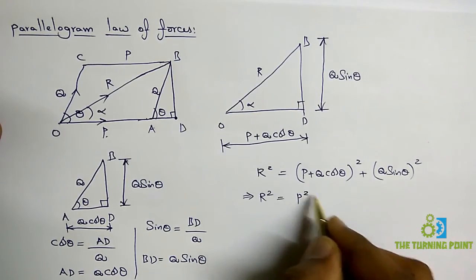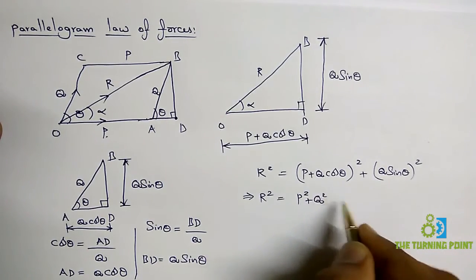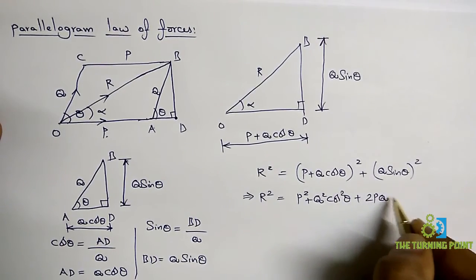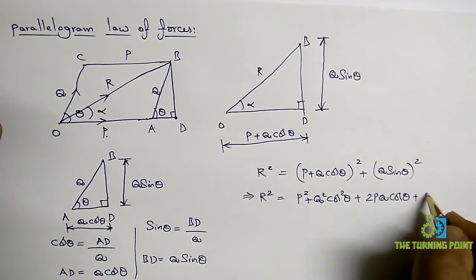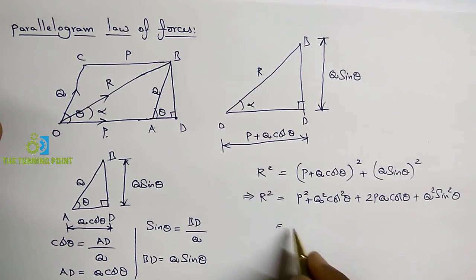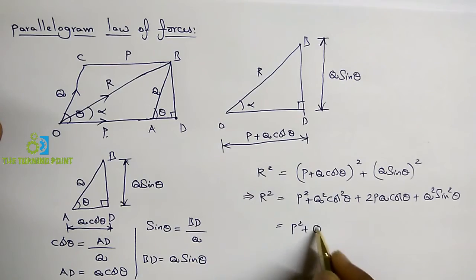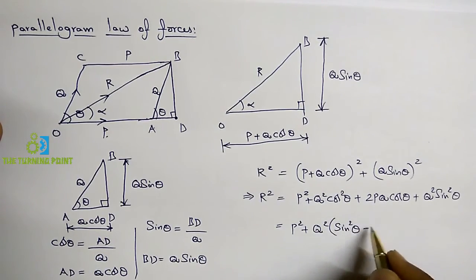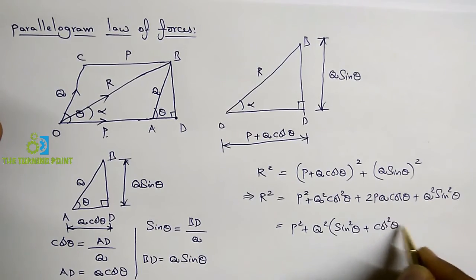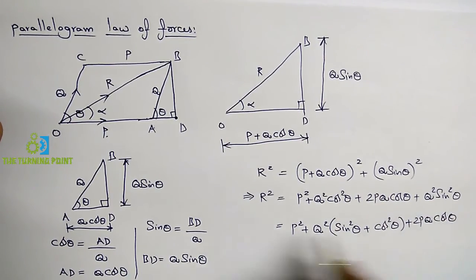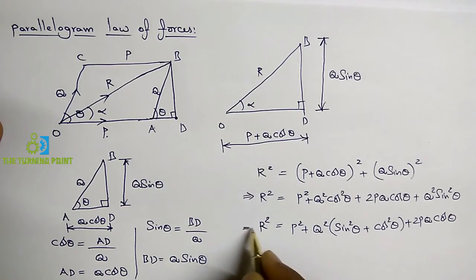So that is P square plus Q square cos square theta plus 2PQ cos theta plus Q square sin square theta. Taking Q square as common, it is sin square theta plus cos square theta, plus 2PQ cos theta. So this is the value of R square.